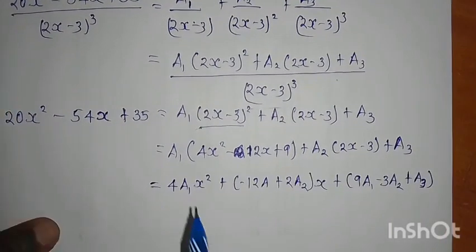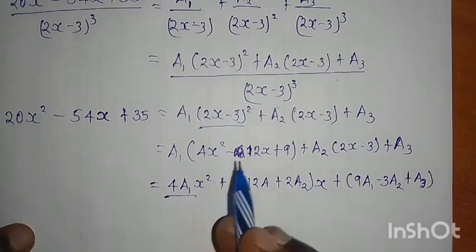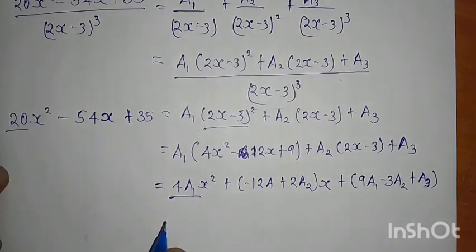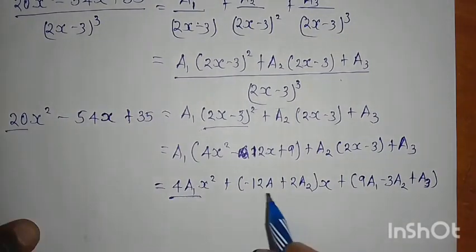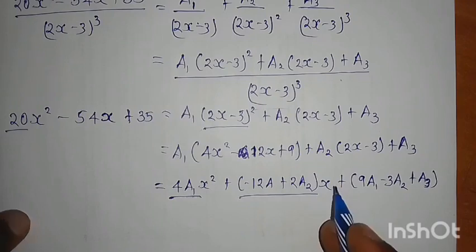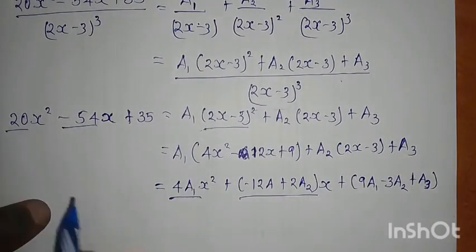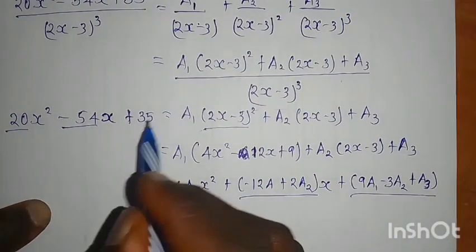So the total coefficients of x squared on the right side should be equal to the total coefficient of x squared on the left side. The total coefficients of x on the right side should be equal to the total coefficients of x on the left side. In the same case for the constants.